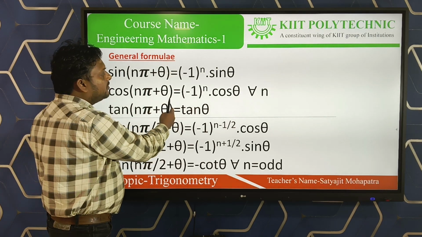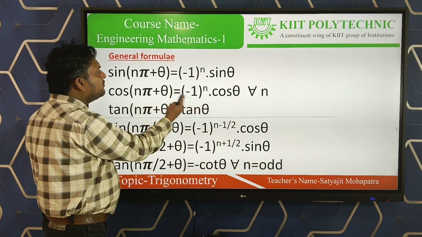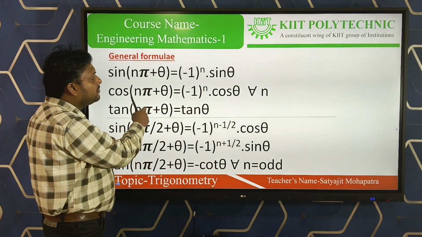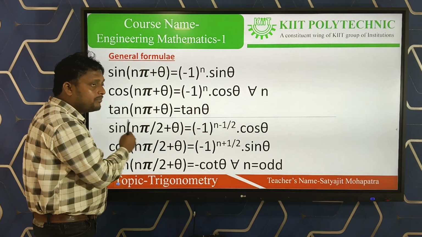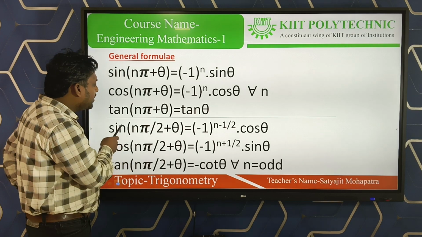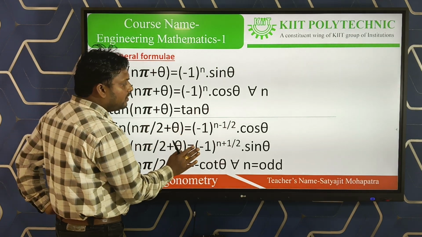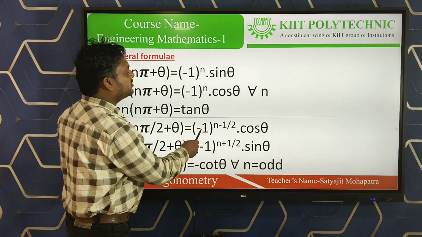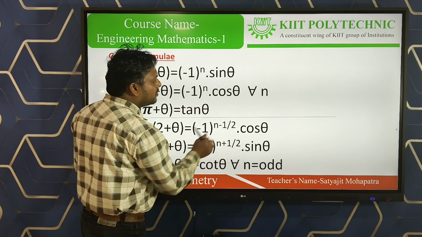These first three formulas are for pi, or the multiples of pi form. The next three formulas are for multiples of pi by 2. All of you see, what is sine of n pi by 2 plus theta? The formula you have to remember and implement in problems is minus 1 whole to the power n minus 1 by 2 into cos theta.